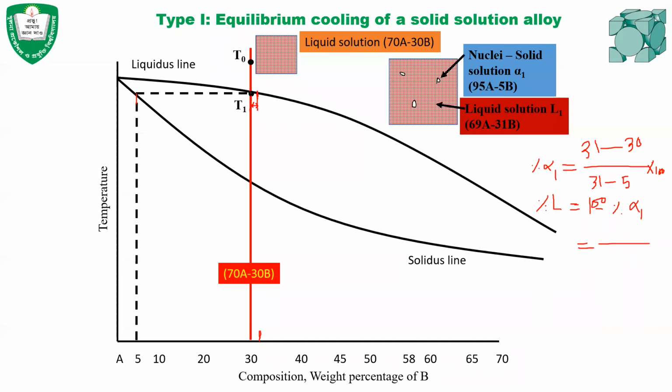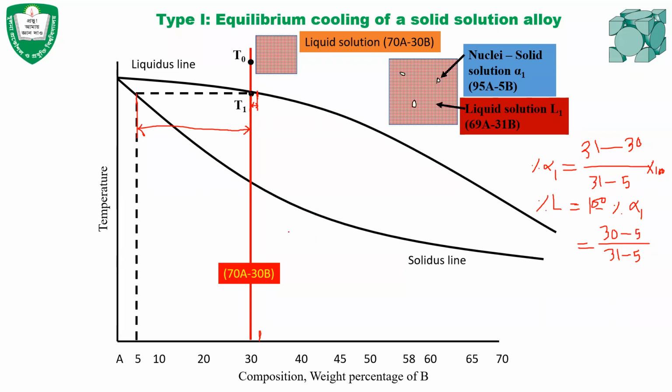Then we have to consider the distance from the alloy line to the intersection point on the solidus line, and that distance will be 30 minus 5, divided by the total distance, which is the same, 31 minus 5. That will give us the percentage of liquid present at temperature T1.